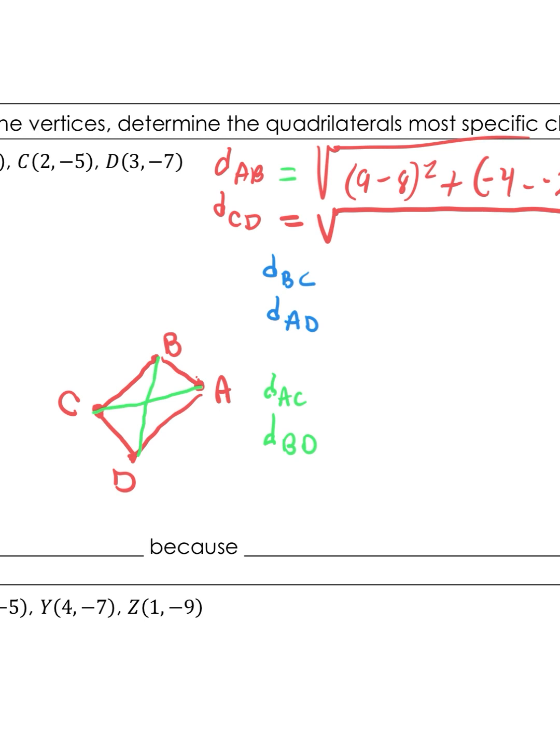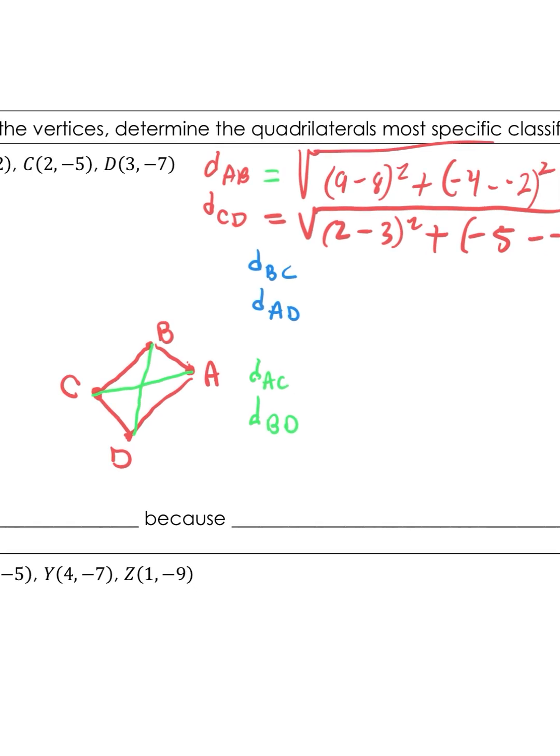So let's do CD. That would be (2 minus 3) squared plus, using the data over here, C and D, 2 minus 3, and then negative 5 minus a negative 7, squared. So let's do that math.